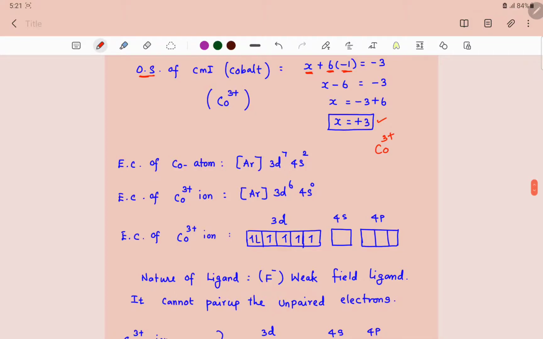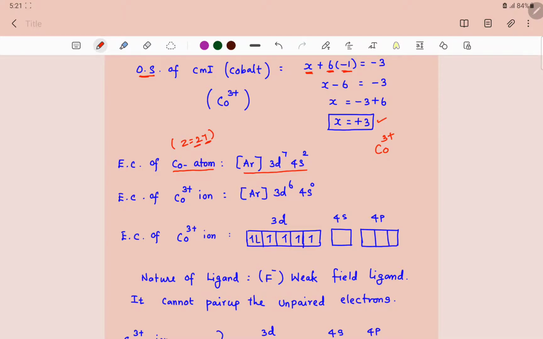First I write the electronic configuration of cobalt. The atomic number Z of cobalt is 27, so its electronic configuration is argon 3d7 4s2. 7 electrons in the d orbital, 2 electrons in the s orbital.